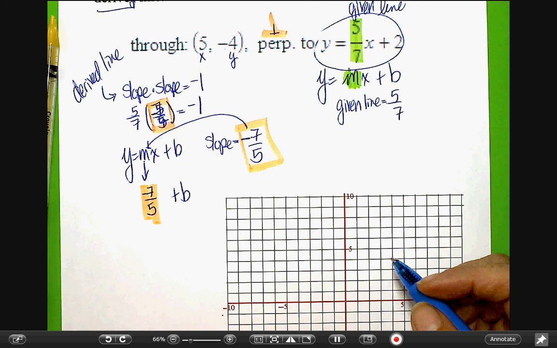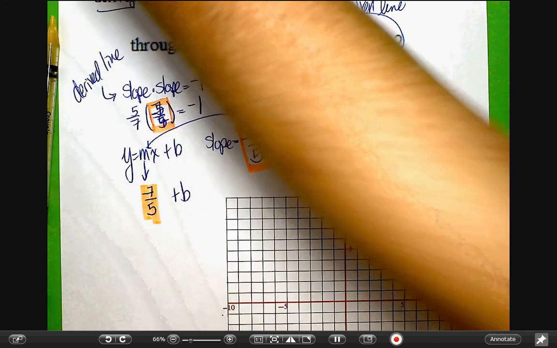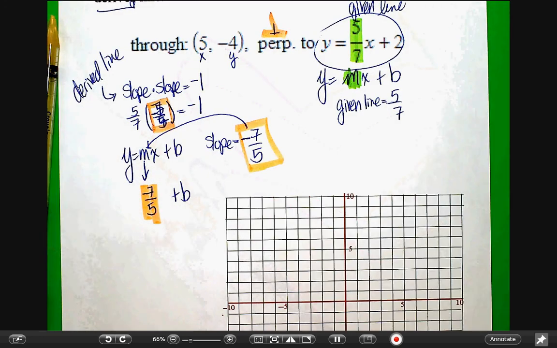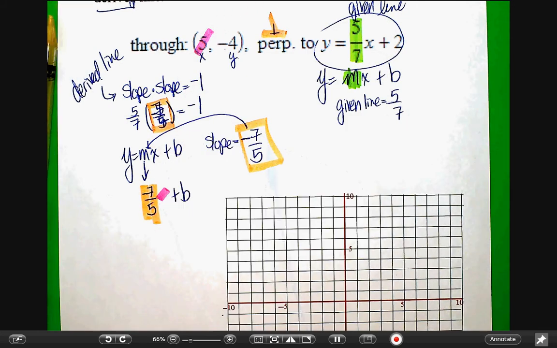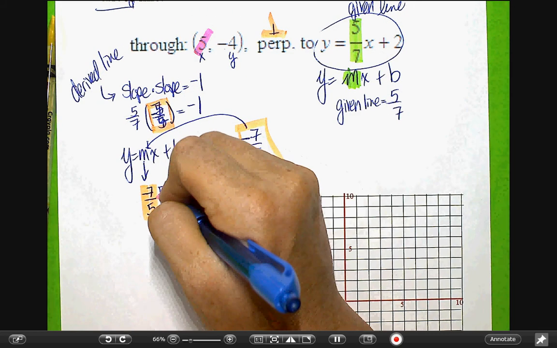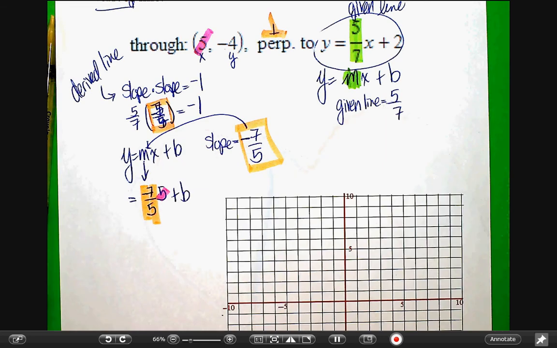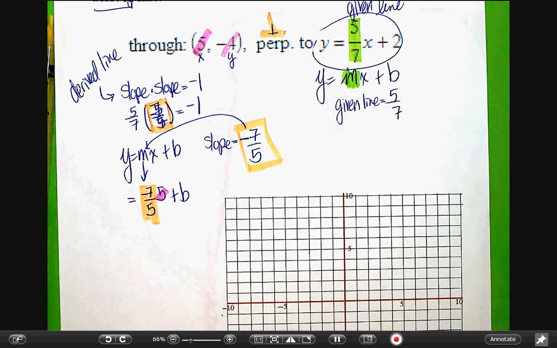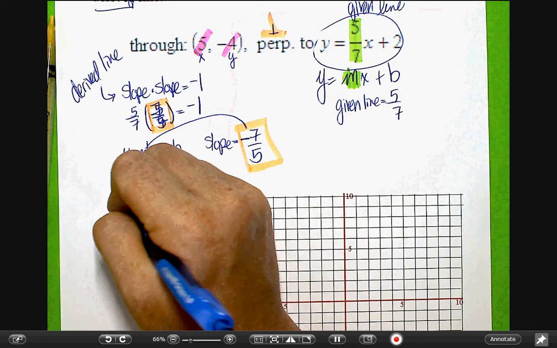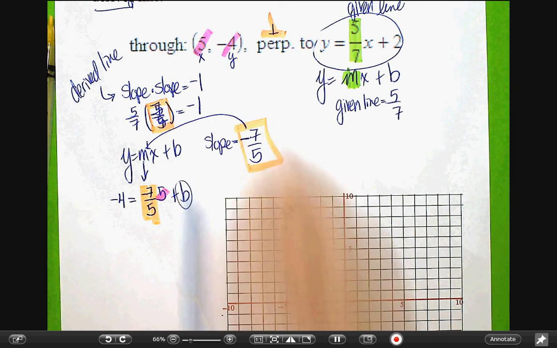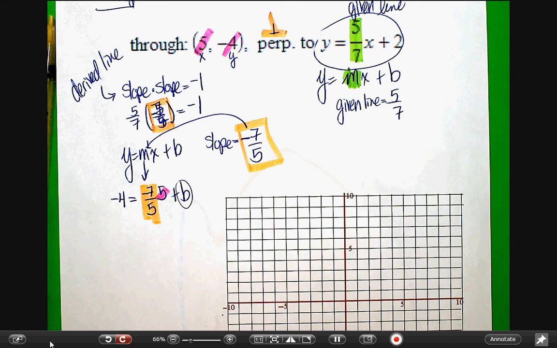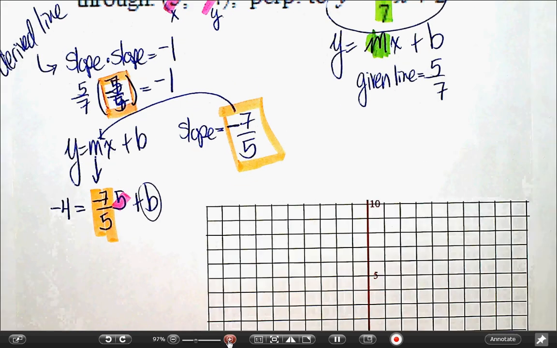Ready? Circle, plug, chug with me. We do know our x, which is 5, and we do know our y, which is -4. So we're going to solve for b here. I'm going to bring in the algebra a little bit closer.